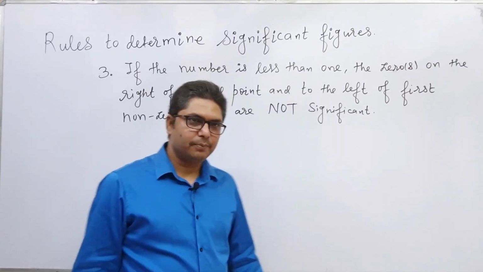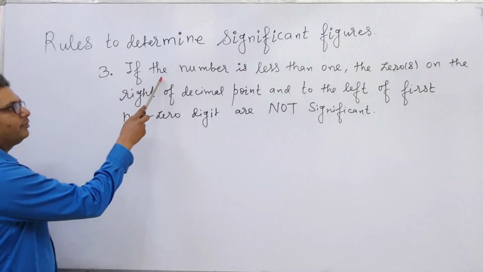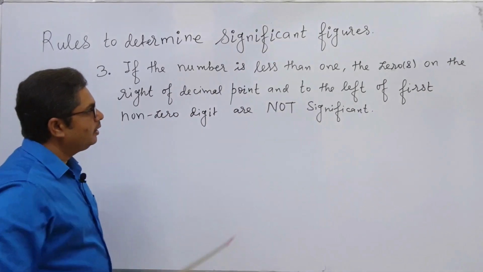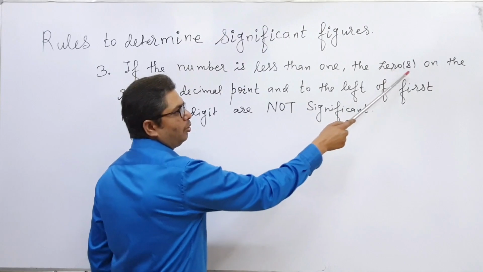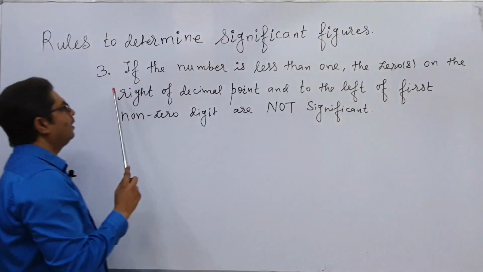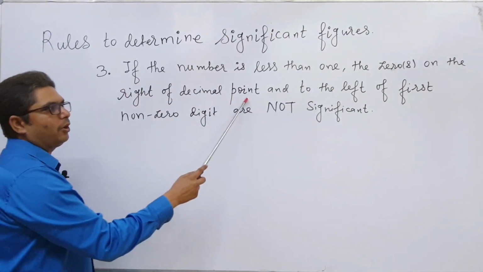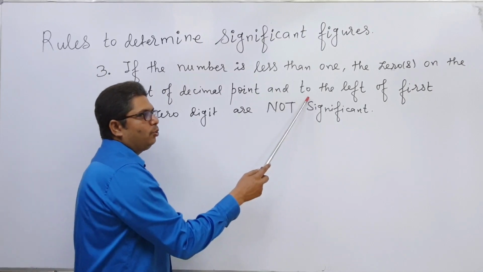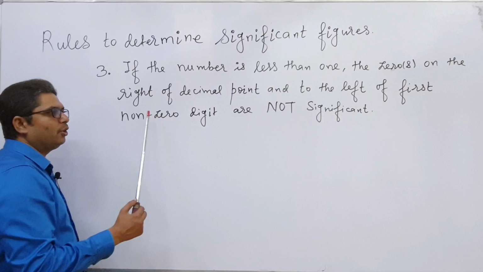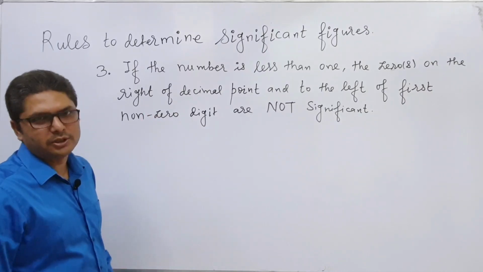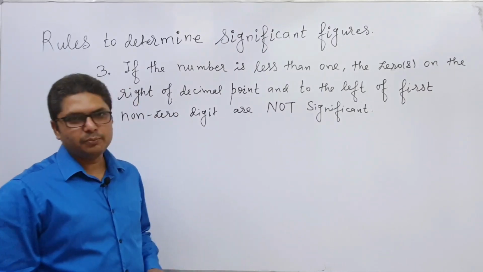Now point number 3. If the number is less than 1, the zeros on the right of the decimal point and to the left of the first non-zero digit are not significant. What does this mean?